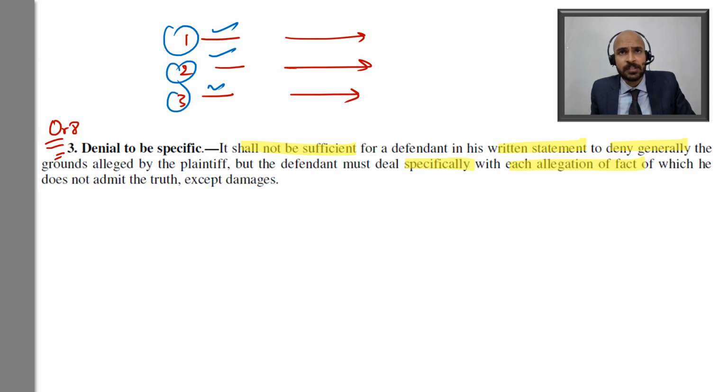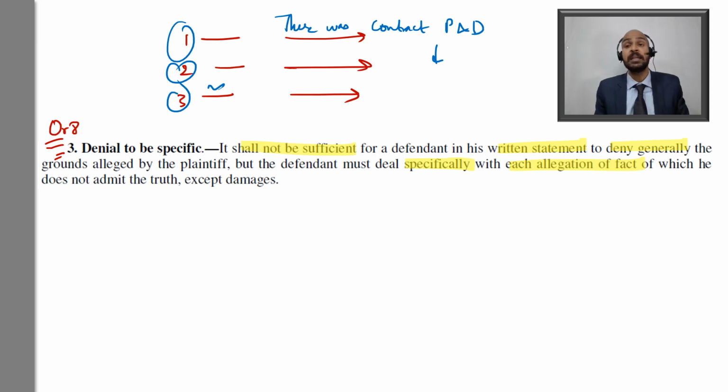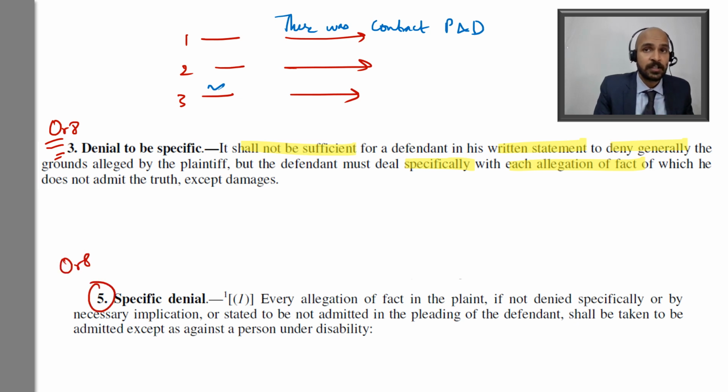What happens if you don't address any one of these? Let's say the first fact is that there was a contract between the plaintiff and the defendant. This is what is given in the plaint. Now suppose this is not denied. What is the effect of that? The effect can be seen in Rule 5 of Order 8.